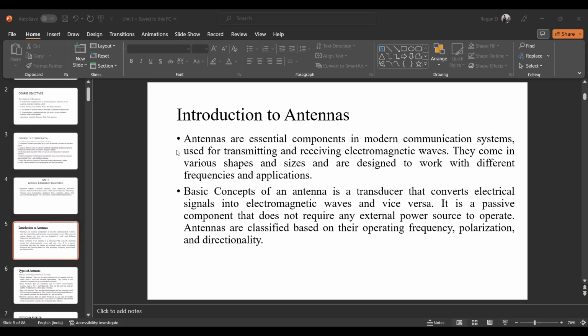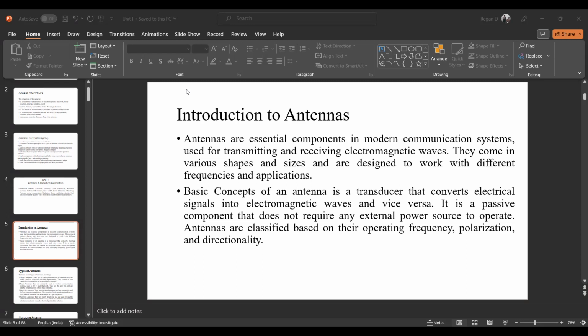If I talk here, my voice is picked up by the mic, which converts the physical voice signal into electrical signals. This electrical signal has to be transmitted into free space, then only is it possible to receive it on the other side.